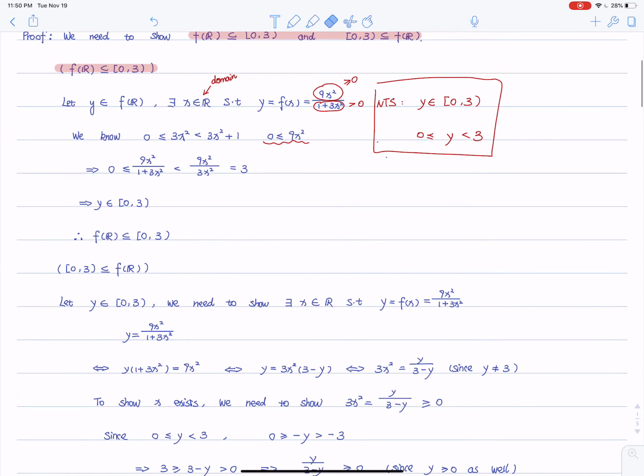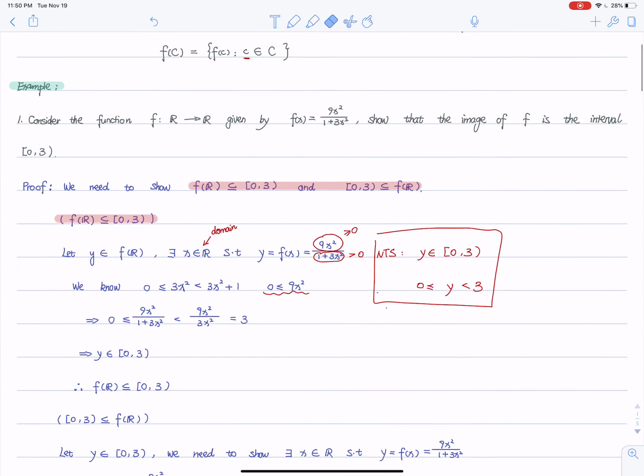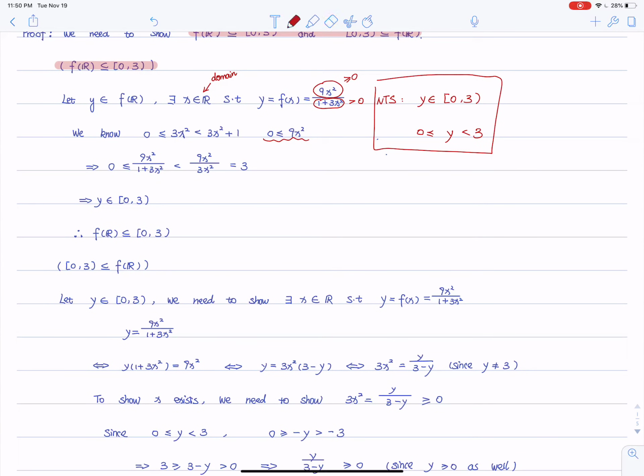So based on those two parts, we know this, because the denominator and the numerator are both greater than or equal to 0. That's why the whole thing will be greater than or equal to 0.